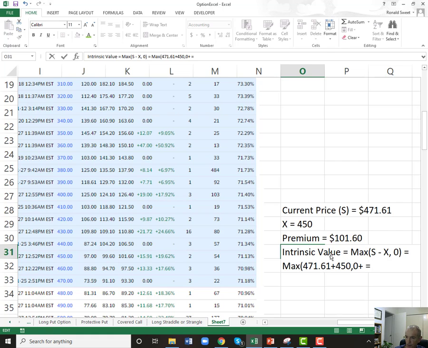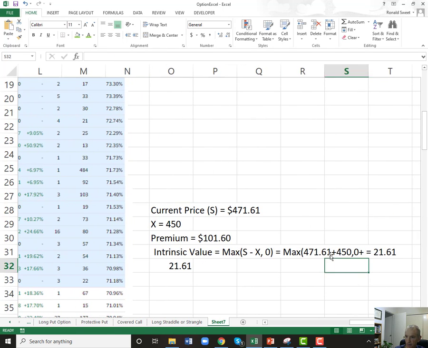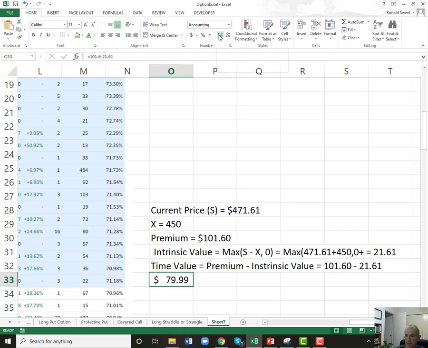So that's going to equal 21.61, right? 471.61 minus 450 is 21.61. All right, so the time value is going to equal the premium minus the intrinsic value. So that's going to equal the premium 101.60 minus 21.61. So the time value will be $79.99.